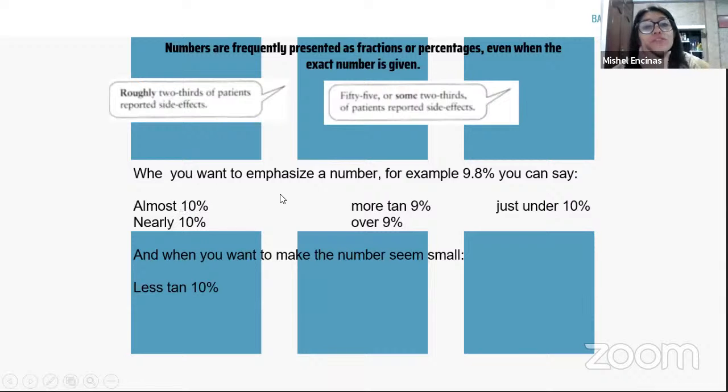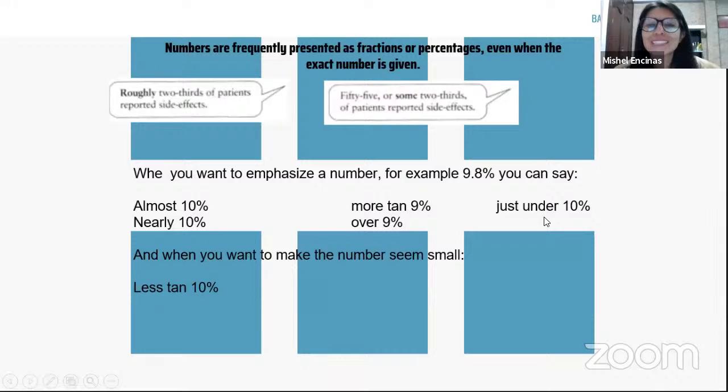When you want to emphasize a number, for example, 9.8%, you can say almost 10% or nearly 10%. You can say more than 9% or over 9%. You can say just under 10%, okay?